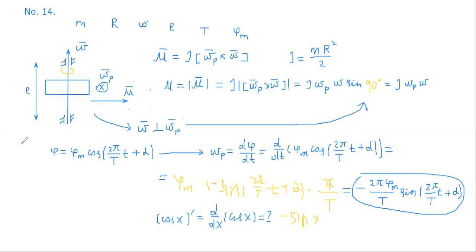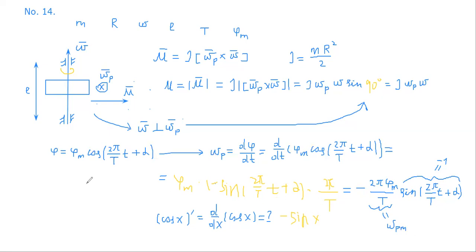The maximum value of this will be when sinus is equal to -1. When sinus is equal to -1, we will have the maximum value, omega p m.